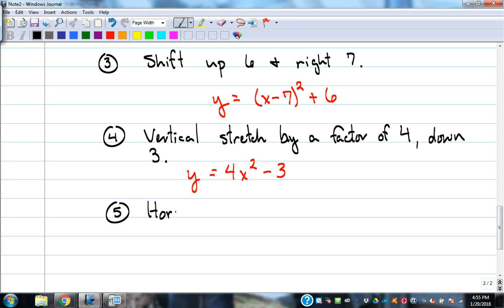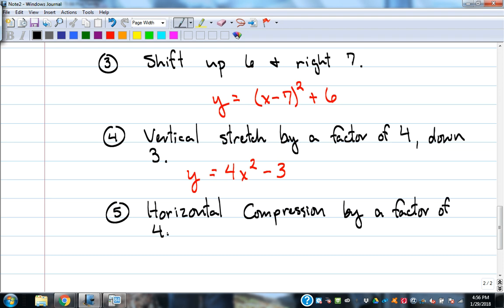Same thing, just beating this dead horse here. Horizontal compression by a factor of 4. That's it.